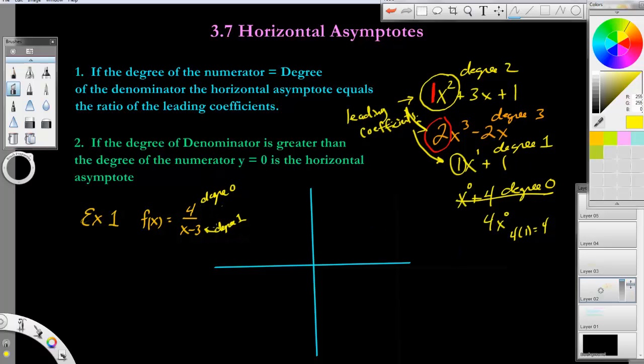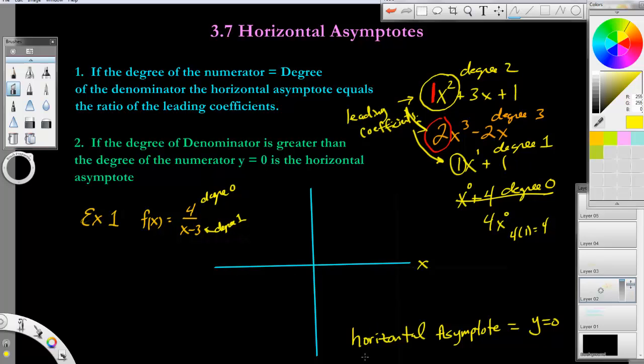So this is degree 0, and this is degree 1. This is where the degree of the denominator is greater than the degree of the numerator. So this thing is going to have a horizontal asymptote equal to y equals 0, which is basically the x-axis.